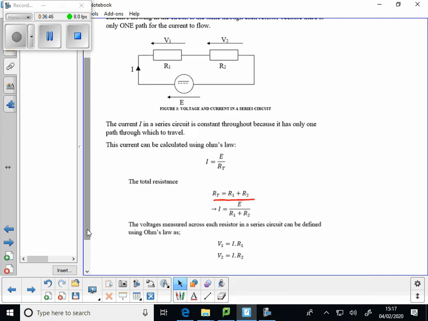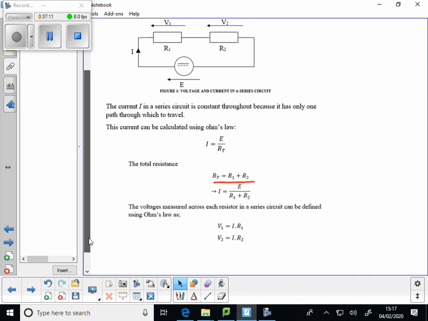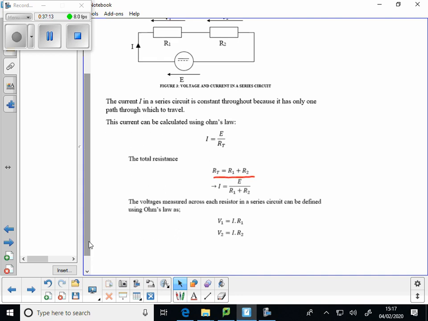We don't really need a separate calculation for the total resistance in this instance because the circuit is fairly simple. With that last circuit we looked at, you'd calculate a total to get the current, and then do the individual parts. Here we've got V1 as I times R1, and V2 as I times R2. All okay with that?